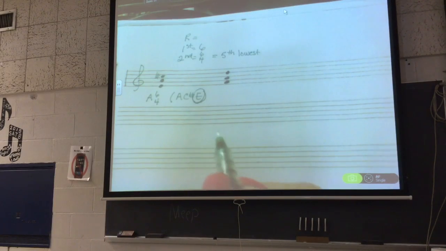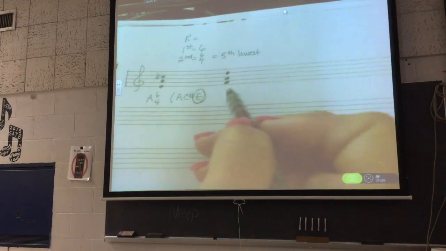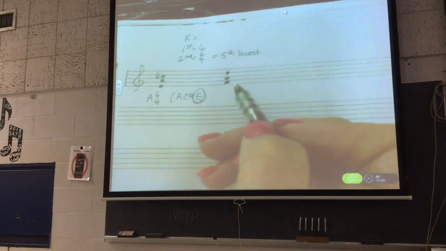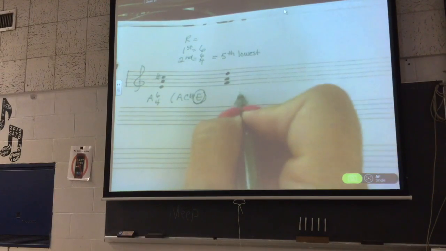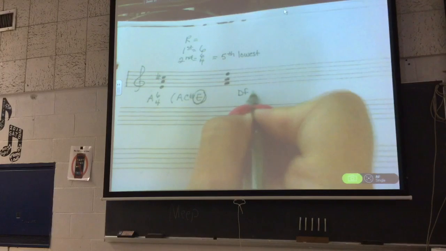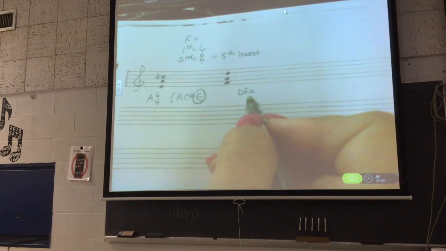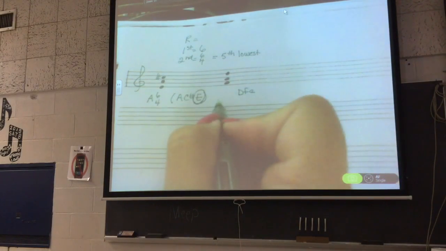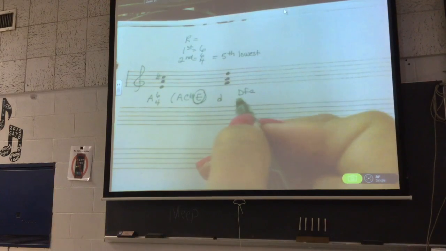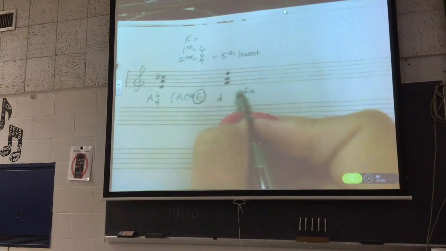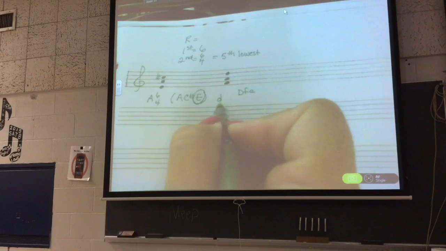So I have to say to myself, this is not stacked in thirds, but if I did stack it in thirds, it would be D, F, and A. Therefore, it's a D chord of some sort. Then I must decide, is it major, minor, augmented, or diminished? Well, it's minor, because in major that F would be sharp. So I write a lowercase d.